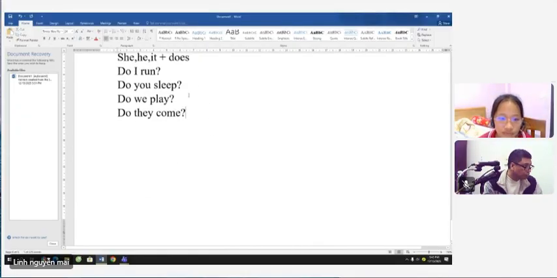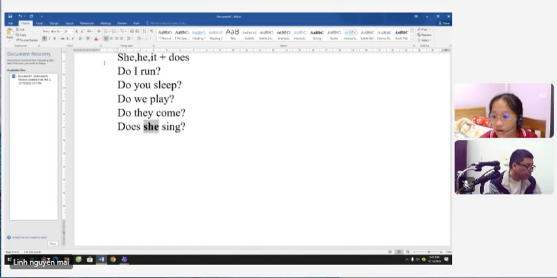Okay. Next, we have she, and because that is she, we put does. Does she sing? Here is the singular noun, okay? So the auxiliary verb we must change a little bit.